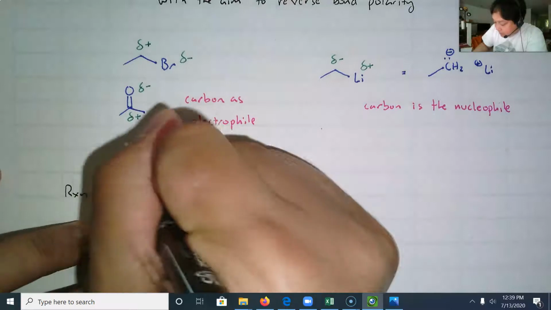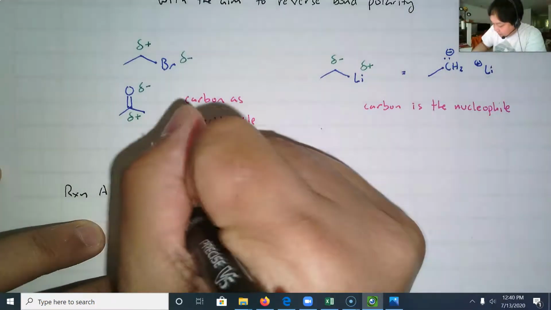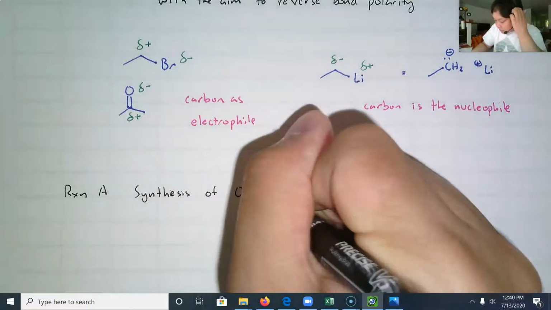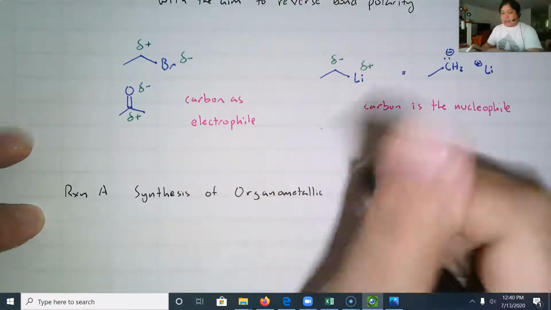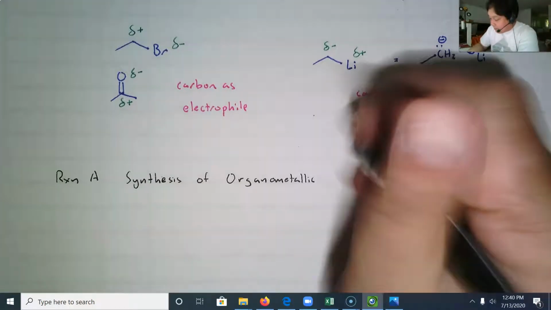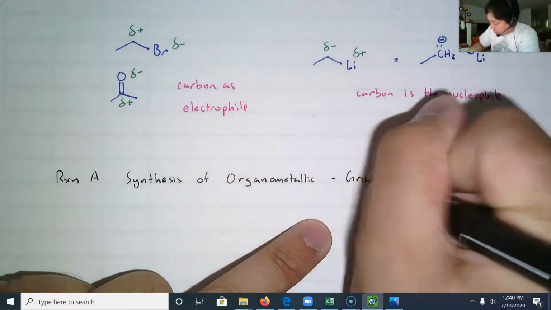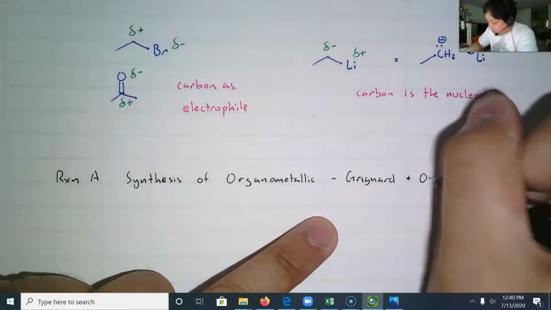And we have two types, the Grignard and the organolithium. There are other types of organometallics. We'll see one probably later in a couple of videos from now. But the two we're going to be concerned with here are going to be what's called a Grignard reagent and organolithium.